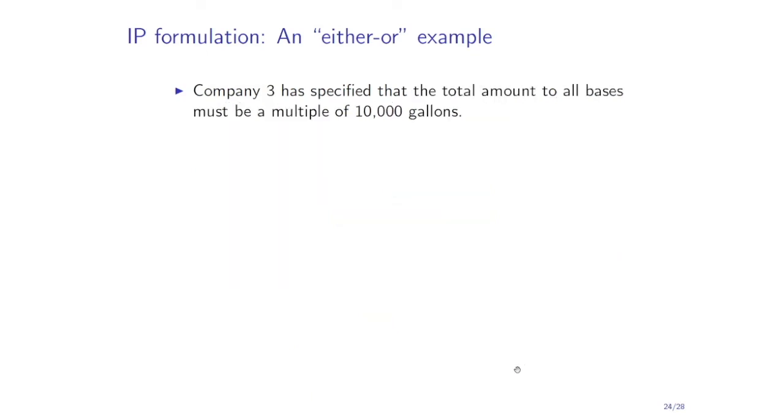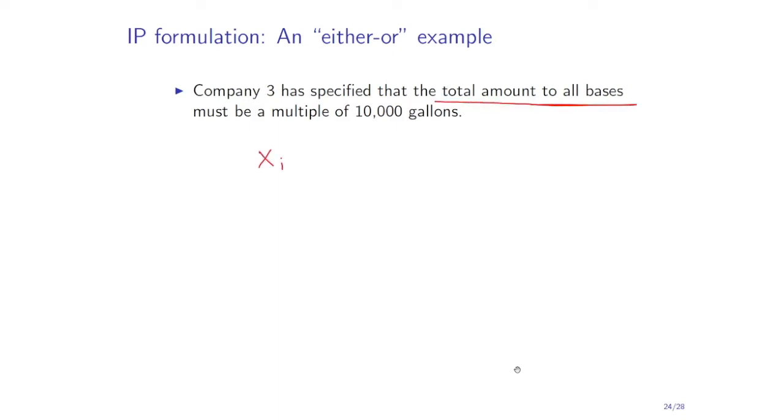Okay, the company 3 has specified that the total amount to all bases must be a multiple of 10,000 gallons. This is actually an easy one, right? What is the total amount that the company 3 supplies?